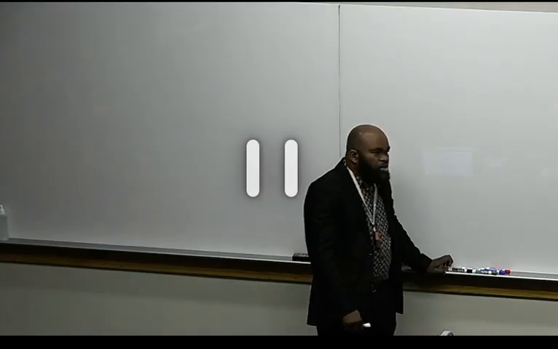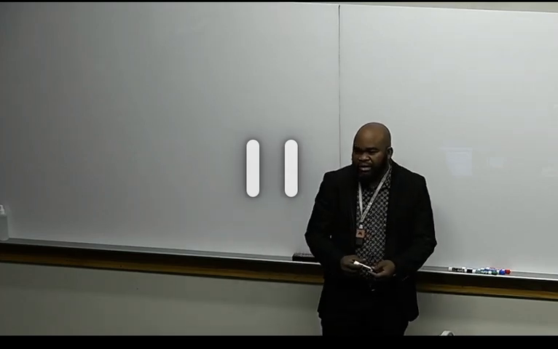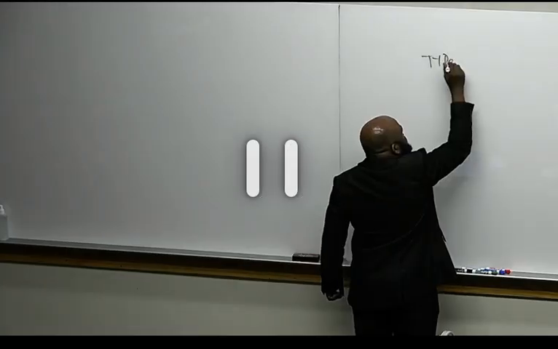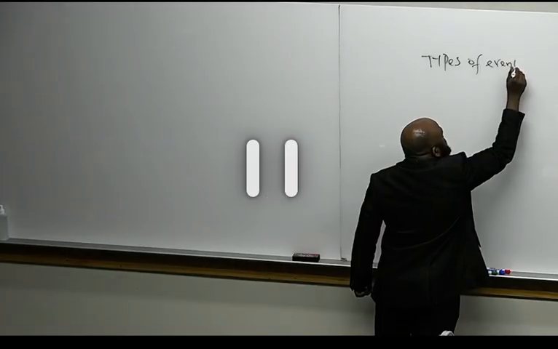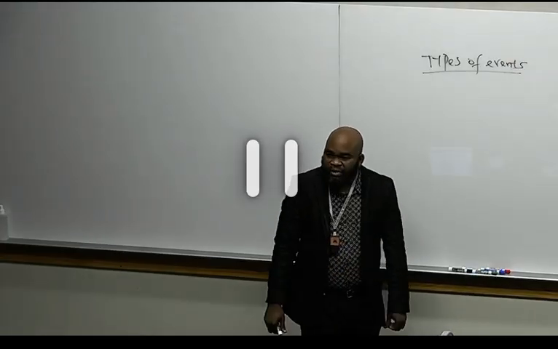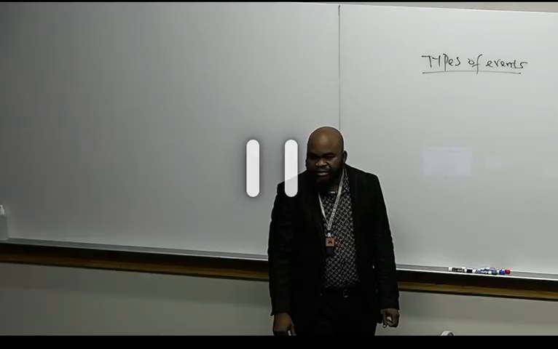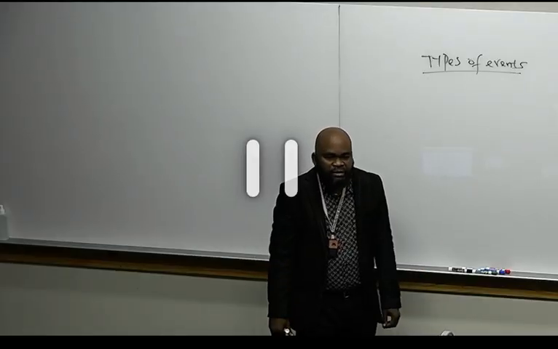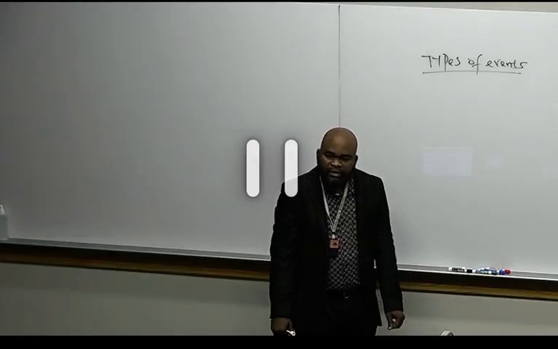Let me say this. What determines the probability formula we're going to use in a given situation depends on the types of events. The type of events will actually determine what probability formula we're going to use.